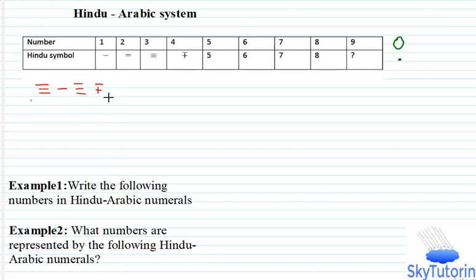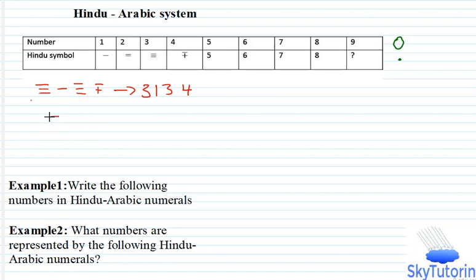If we are to represent this in our current day system, what would that be? This is 3, this is 1, this is 3, and this is 4. So that will be 3,134.